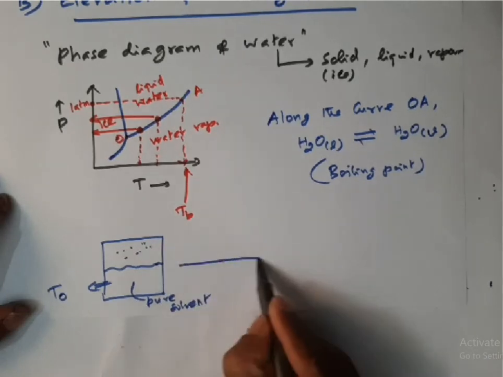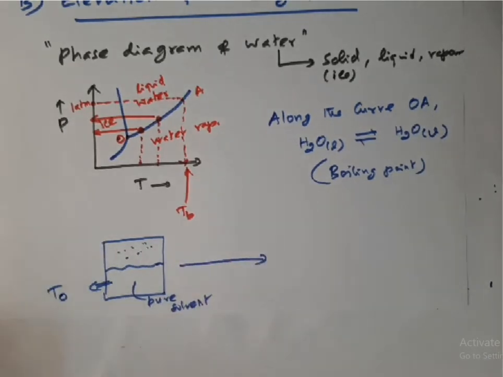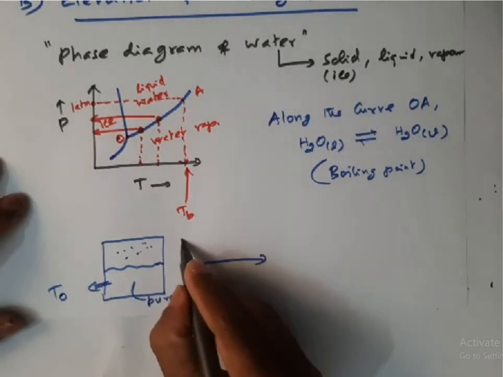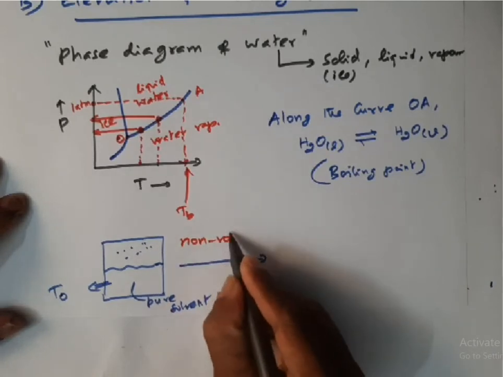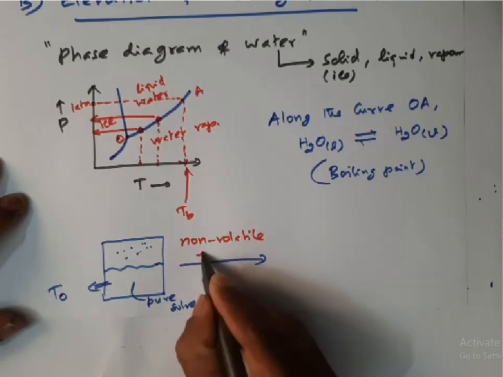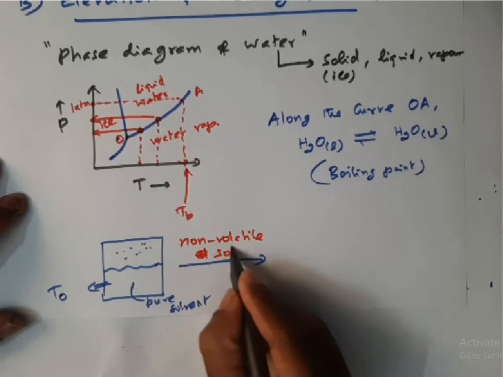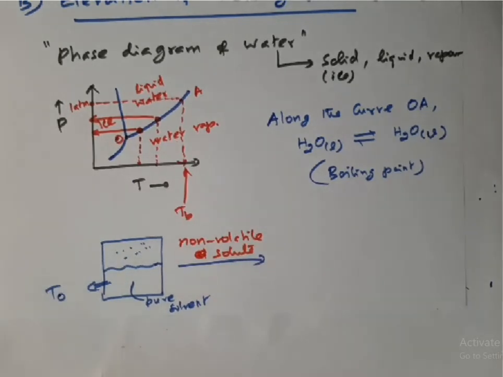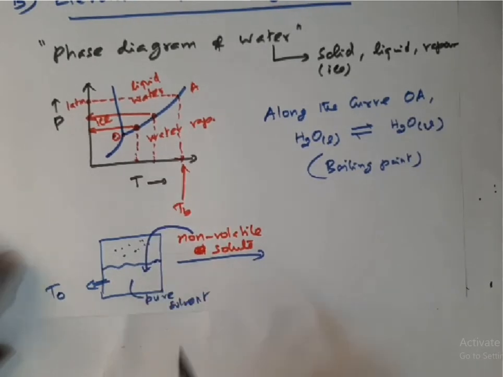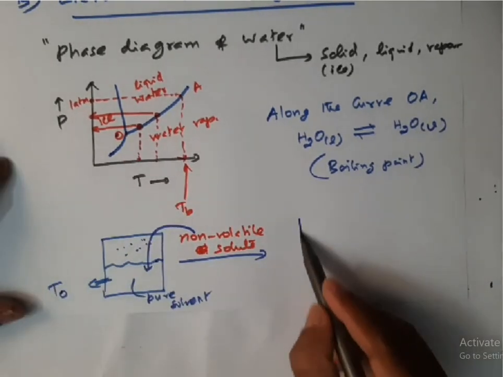Now I'm going to add a non-volatile solute. If I add a non-volatile solute to this solvent, what will happen?